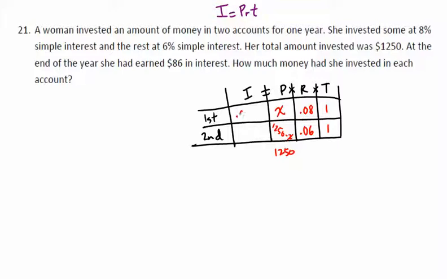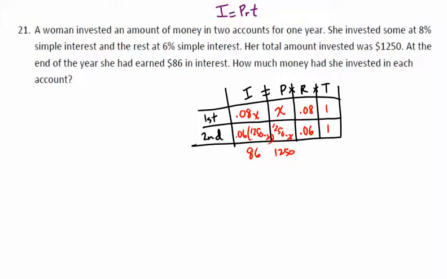Alright, so we're ready to go with this. We have 0.08X and we have 0.06 times 1250 minus X. Squeezing that in there, we can set up our equations. Slow down. We don't know that the 2 interest amounts are the same, but we do know that together they add up to $86 in interest earned at the end of the year.